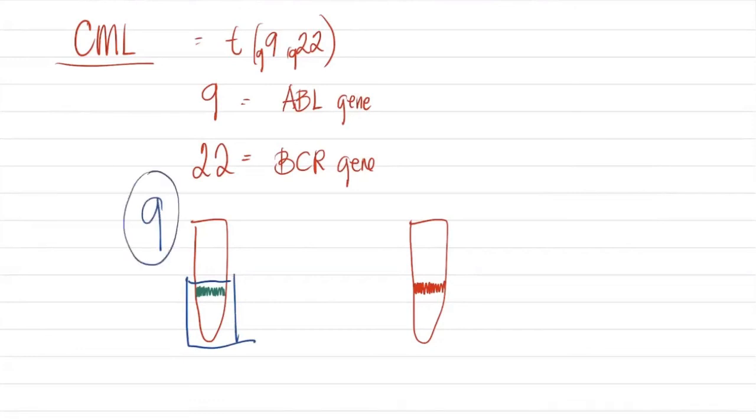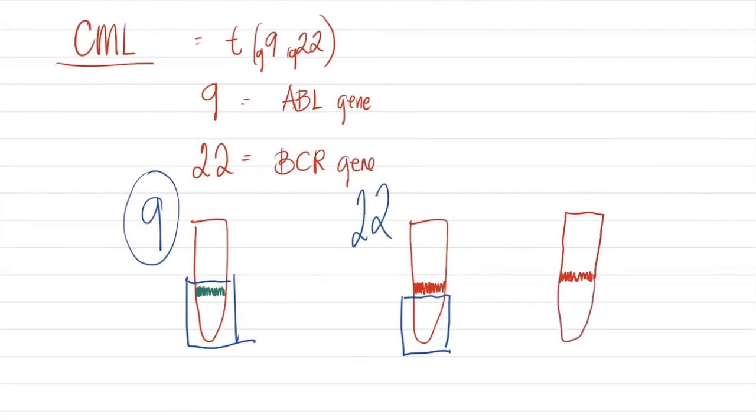Tapos, in chromosome 22 naman, ito yung naalis. Yan. In chromosome 22. So, in the formation of the Philadelphia chromosome is actually a change in chromosome 22, wherein nagkaroon ng fusion yung BCR tsaka yung ABL gene.